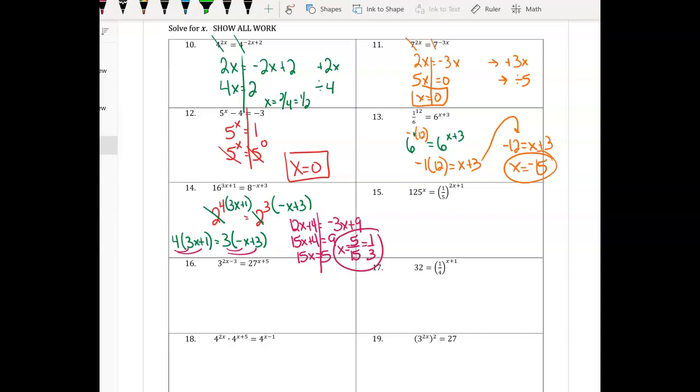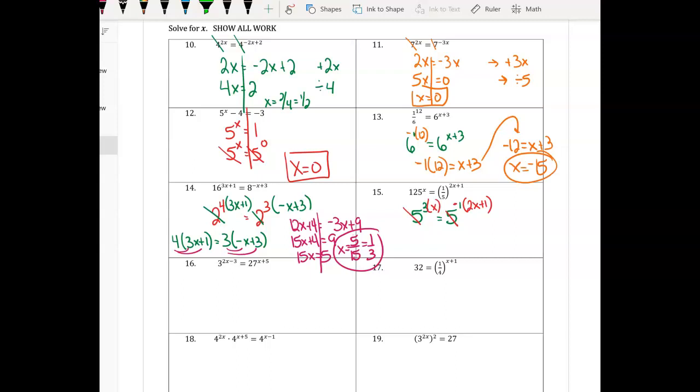On 15, again, there's a fraction, so I'm just going to look right now for 125 and 5. So 5 to the 3rd power is 125. 5 to the 1st power is 5. And then the only thing that made it a fraction was that the 1 was negative. All right, going to the original exponent.